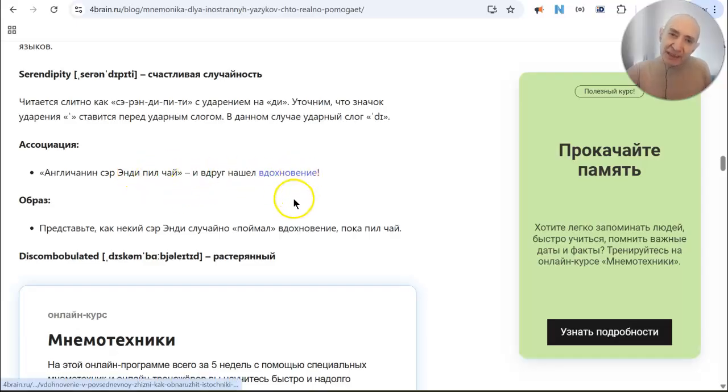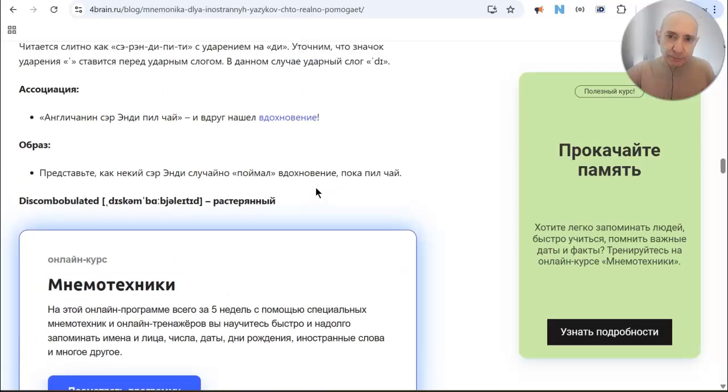И вдруг нашел вдохновение, and suddenly found. Вдохновение means inspiration. Why? So they're connecting the pronunciation part, Sir Andy, P, T, serendipity, pil chai. So they connect it with the meaning, because the meaning is a kind of sudden inspiration, or lucky coincidence. And suddenly found inspiration. So please remember, вдохновение means inspiration.